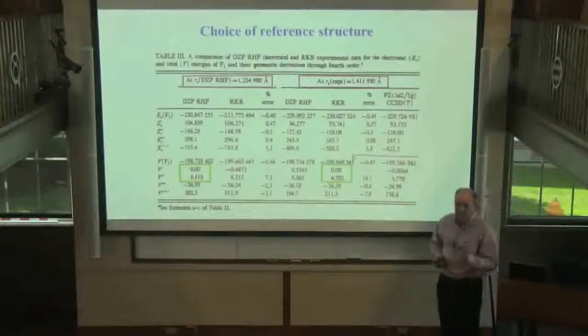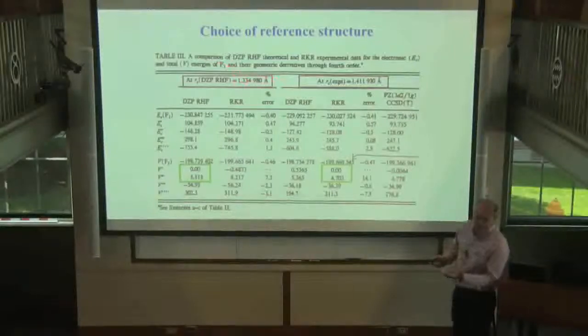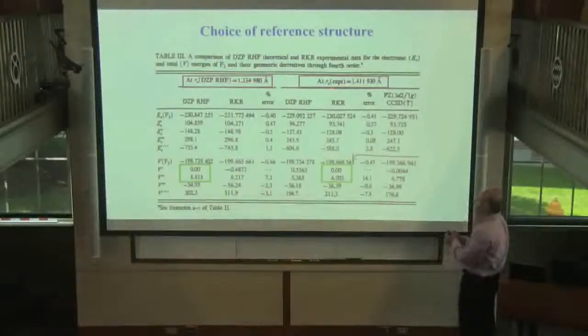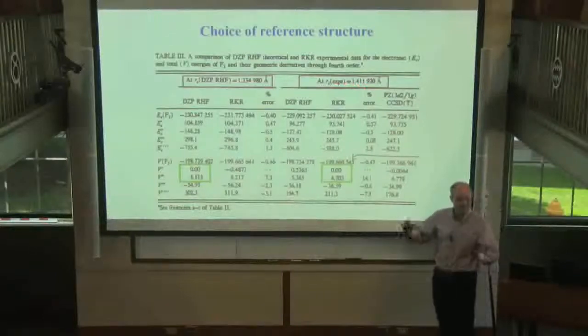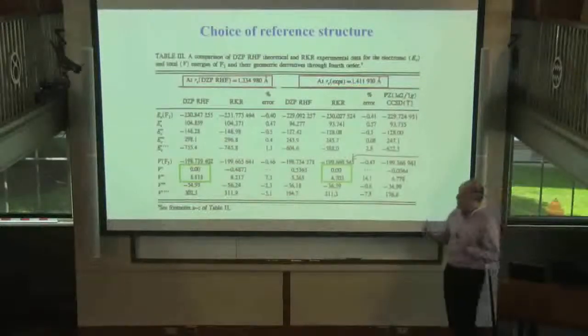But the basic point here is that if you would do a double zeta basis Hartree-Fock computation for F2, then your optimized structure would be 1.334 angstrom, whereas the experimental structure is 1.411, a world of a difference, very, very far away from the accuracy which we would like to arrive at, 0.001 angstrom.